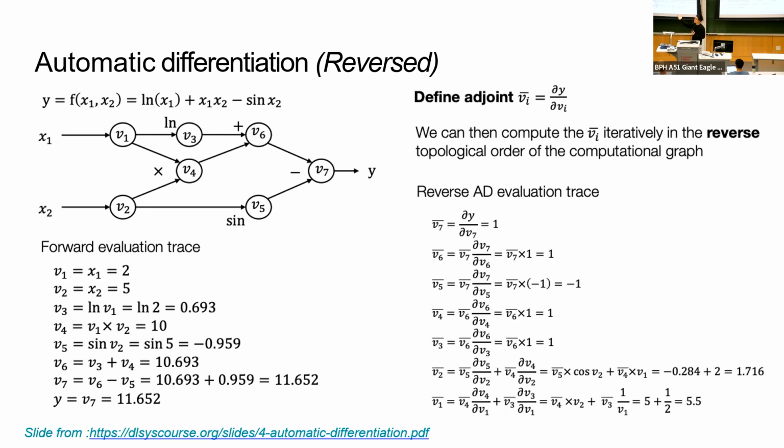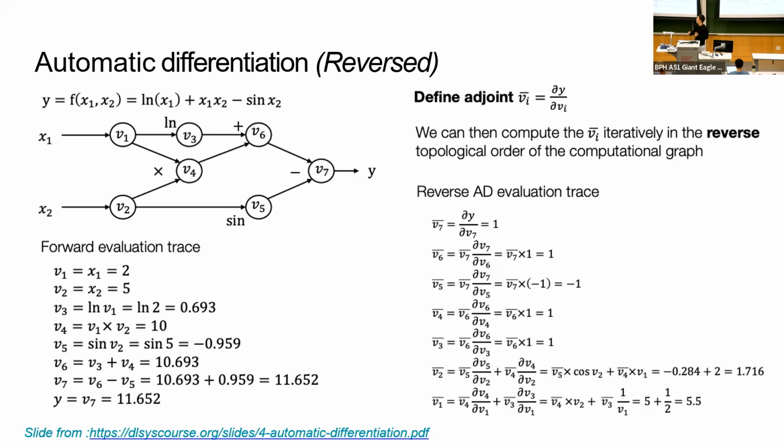So it's like in your backpropagation, you are going to add these two things together. So for the computation of the partial derivative of v2, you have the partial derivative of v4 to v2, and then v5 to v2, and add them together here. So that is the overall logic of how you compute from your ending point and gradually go backwards through all of those.